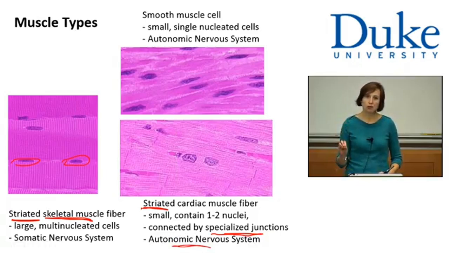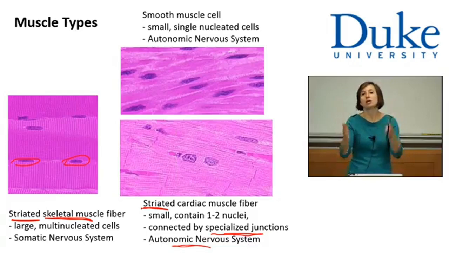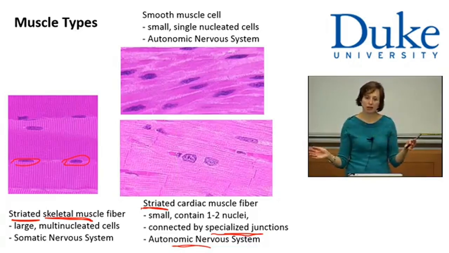Then she will also discuss briefly smooth muscle, which is going to be present in many organs in the body, and these are going to be different because smooth muscle cells are not striated. They still contain myosin and actin, but they're not organized in such a way that you can see it on a microscopic level.